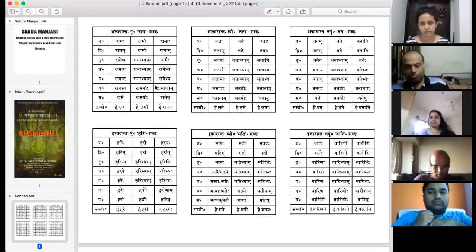But these patterns, matching patterns, become very, very important. So that is why memorizing these shabdas is also very, very critical to your learning of the language.